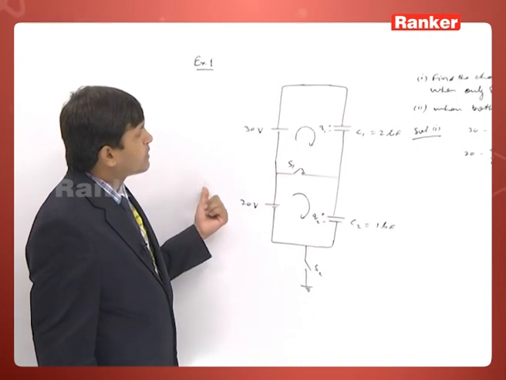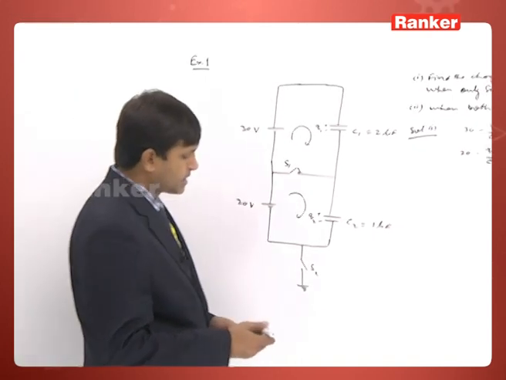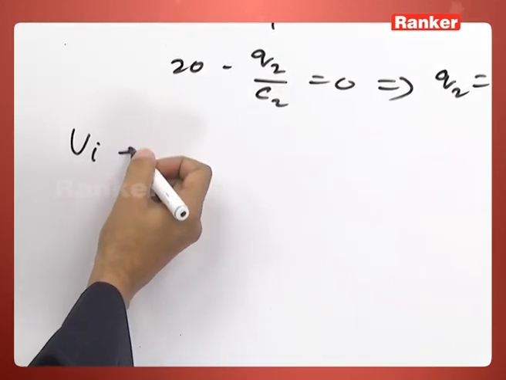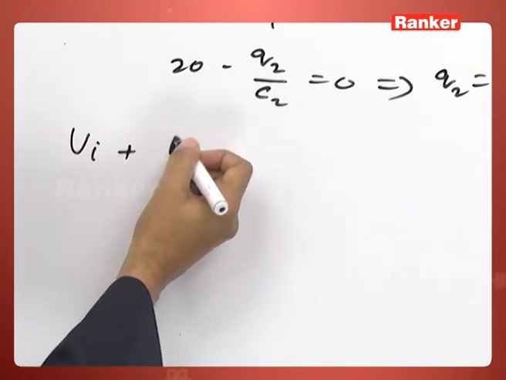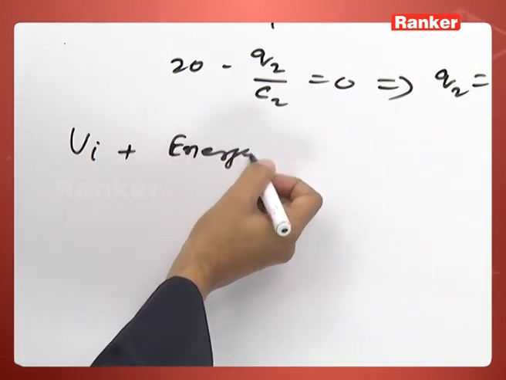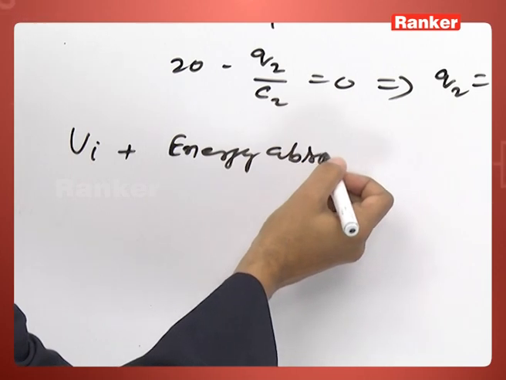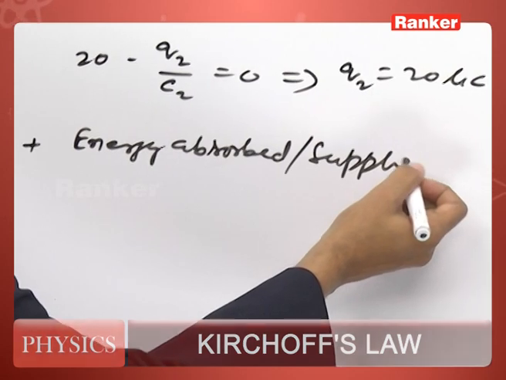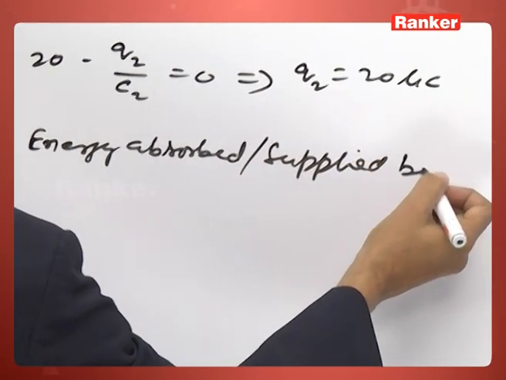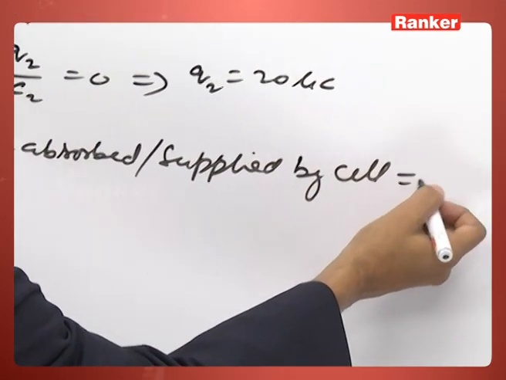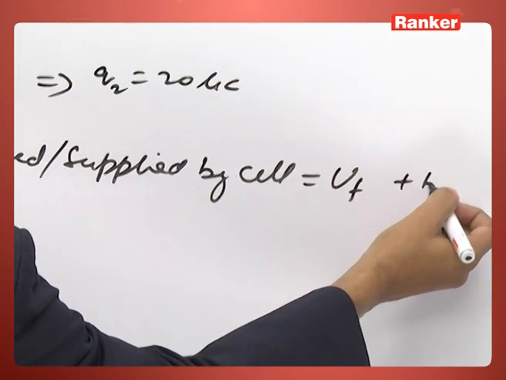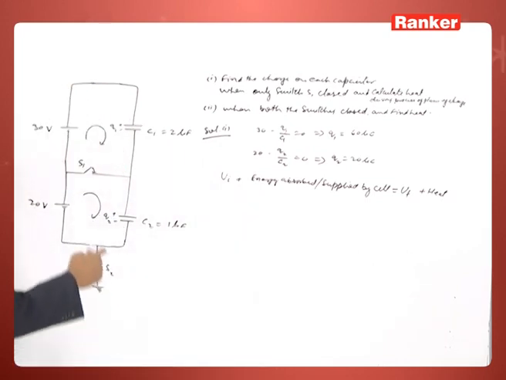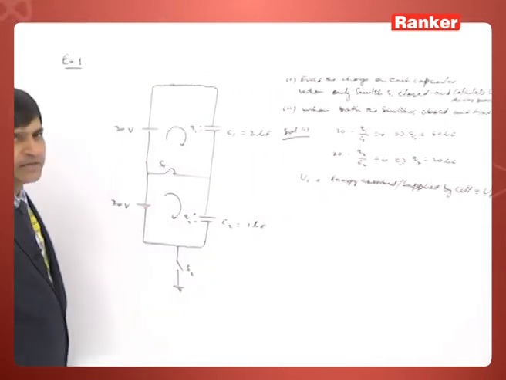Now if we have to calculate heat, as per conservation of energy, initial energy plus energy absorbed or supplied by the cell is equal to final energy plus heat. Initial energy on the capacitor means before closing switch S1.